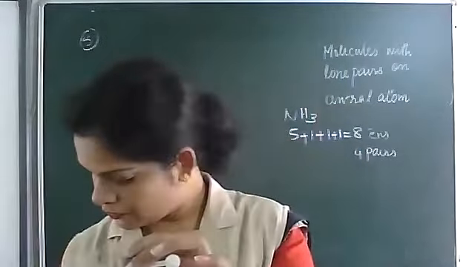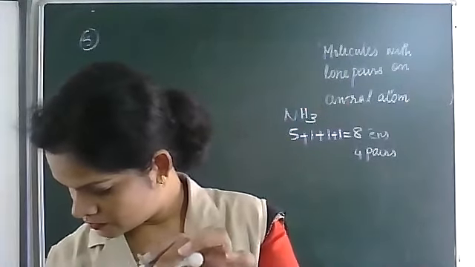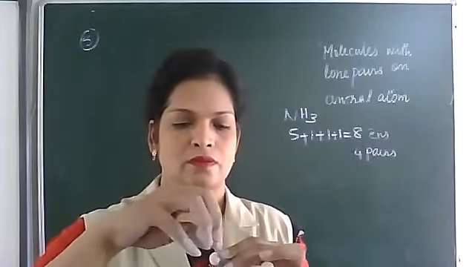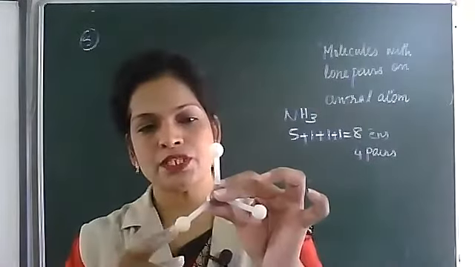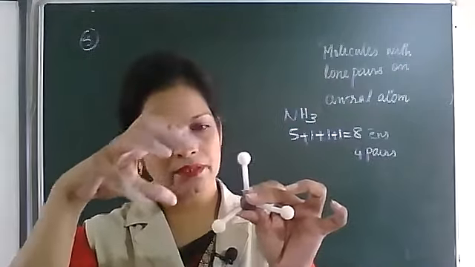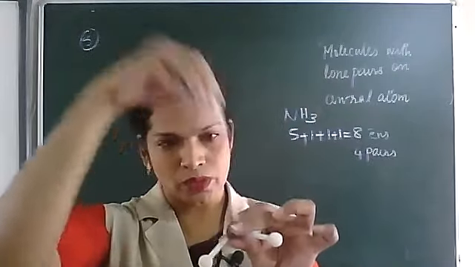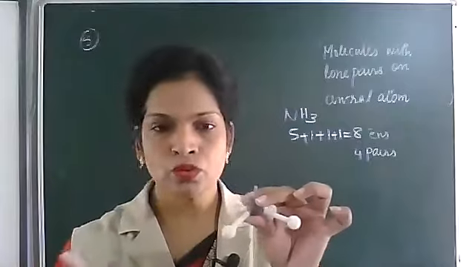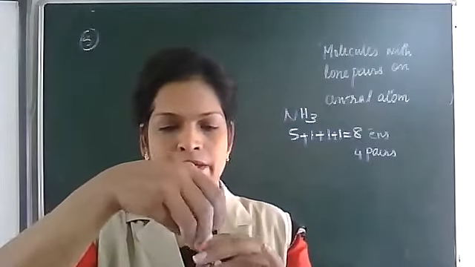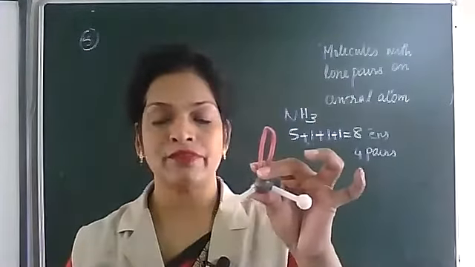In the case of CH4, there was a bond, so the shape is considered including that bond also. Now there is no bond, only covalent bonds are directional. Instead, there is a pair of electrons.